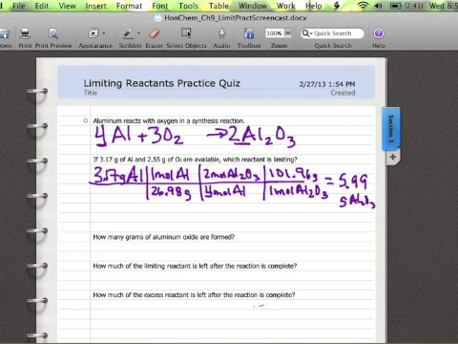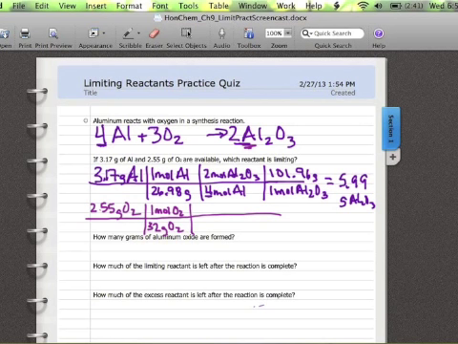Now I'm going to do the same thing again, only this time I'm going to start with my amount of the other reactant. This time I'm going to go to the same product, still Al2O3, but I'm going to start with my 2.55 grams of O2. Again, my goal here is to find out which one of these makes less, and that lets me know what's going to run out. So I'm going to start it out the same way, but this time changing to moles of O2 because that's what I started with. So that's 32 grams of O2 because it's diatomic.